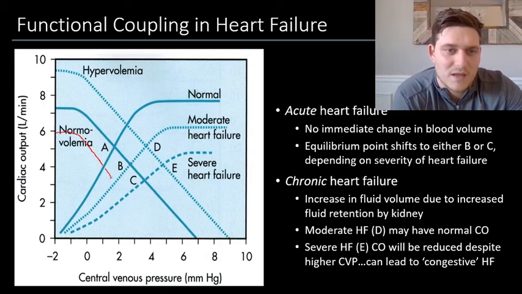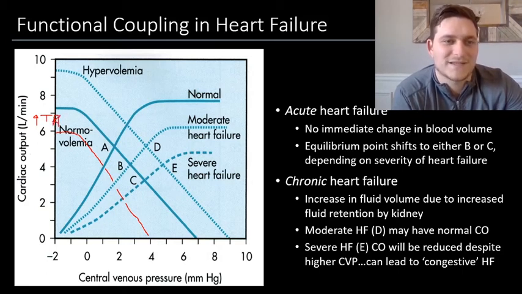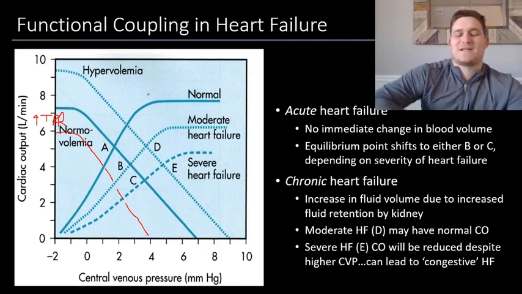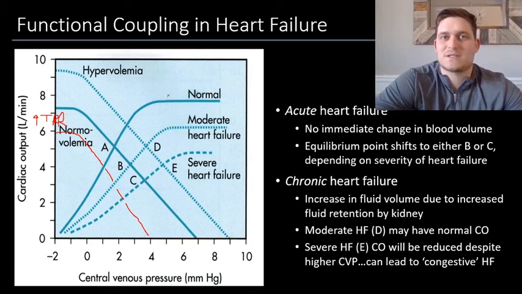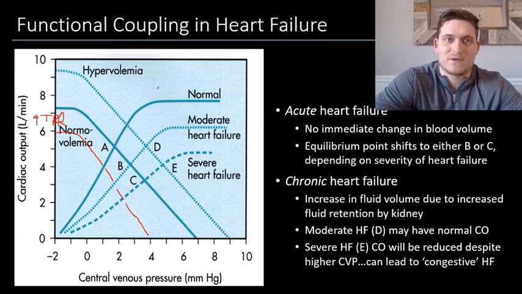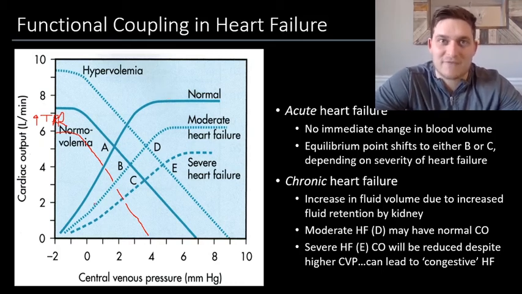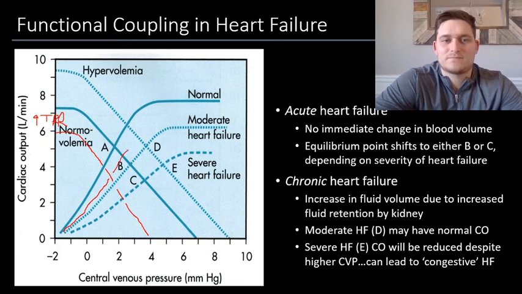So we see a downward shift here of that vascular function curve with an increase in TPR, and an increase in TPR also impacts cardiac function as well. Vasoconstriction leads to higher arterial blood pressures, and that arterial blood pressure increases afterload, which decreases stroke volume. So what you see then is a downward shift of cardiac output as well.